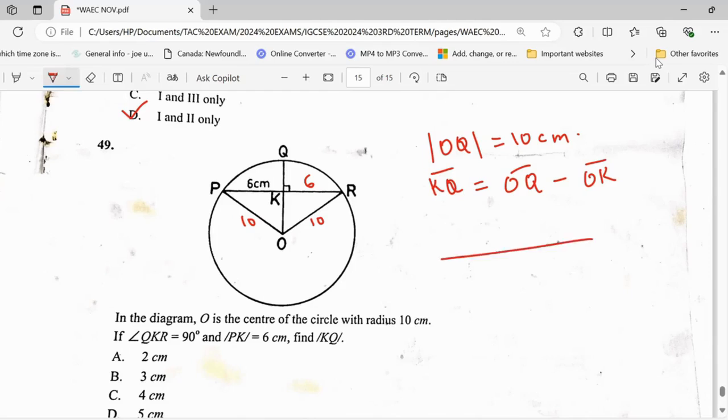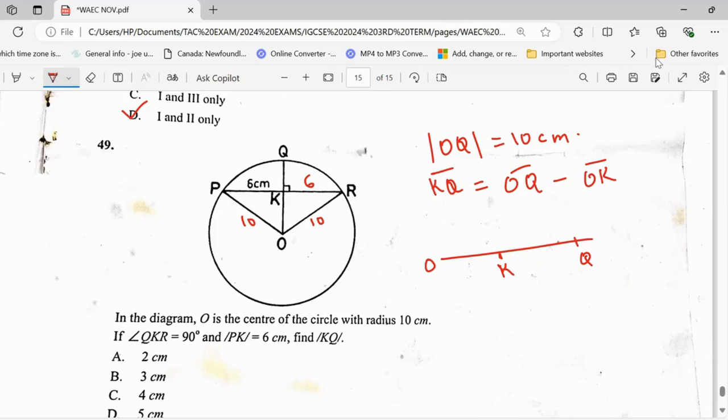You have a line, and you call this O. You come here, you have K here, and then you have Q here. If you are looking for KQ, it's going to be O to Q minus OK. Once you get it, you are good to go.